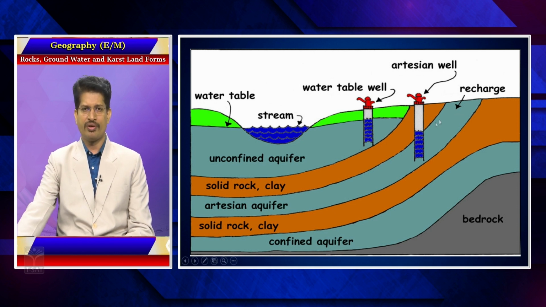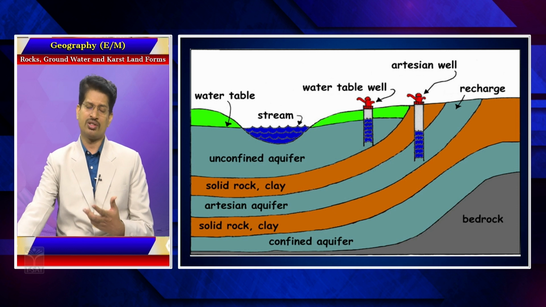But in the case of an artesian well, the source of water recharge is elsewhere, much higher in terms of altitude. Because of the gravitational pressure head, the water pressure head, water emerges out through the bore being made, which is described as an artesian well, without requirement of any electrical motor or energy.